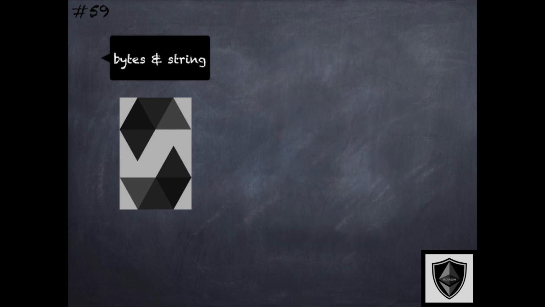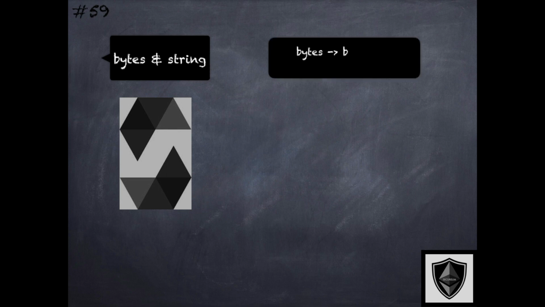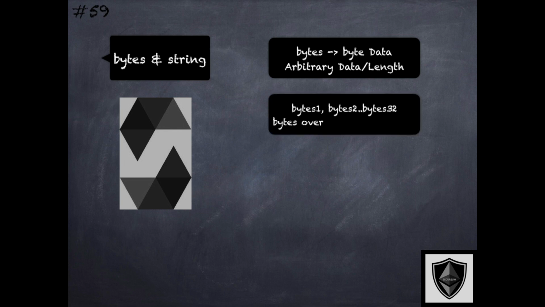Let's now talk about 2 other types supported by Solidity, bytes and string. Bytes are used to store arbitrary byte data of arbitrary length. And recall that if we know beforehand the size of the byte array, then we can use the fixed size byte arrays indicated by bytes1, bytes2, all the way to bytes32 to store those number of bytes within those types.